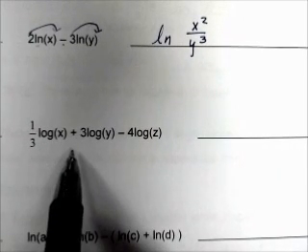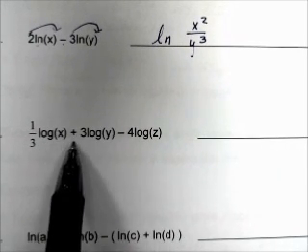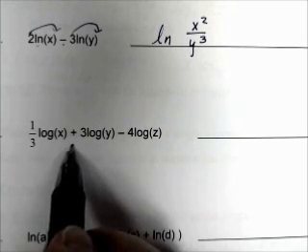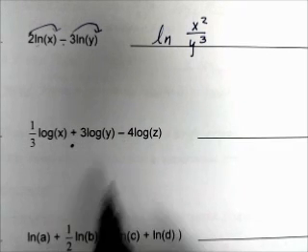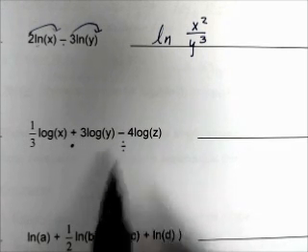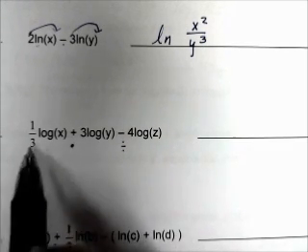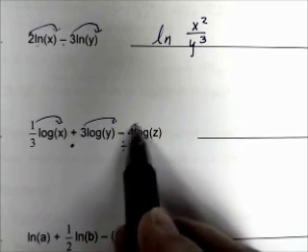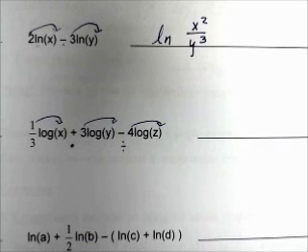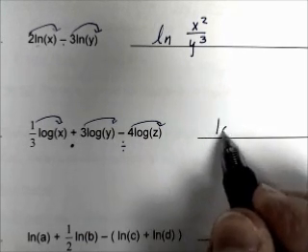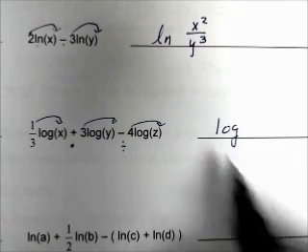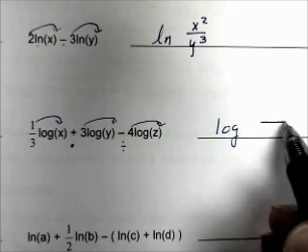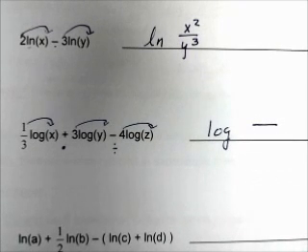Okay. We have addition, subtraction. Addition we know is going to condense to multiplication, and subtraction to division. But we have these multipliers here, which meant they were powers to start with. So we have just one log. We have division, so I'll write division as a fraction bar.